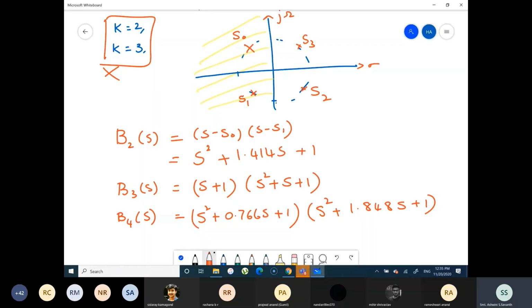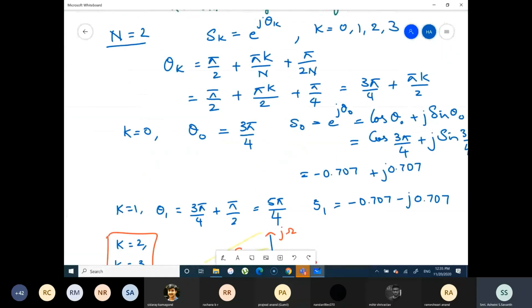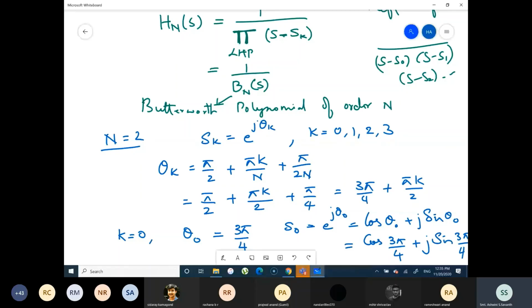So like I told you, you can remember these polynomials and write it in the exam. But I also suggest that you write the expression for the poles. Coming back to this, you write down this expression for the poles, the one which you have written.